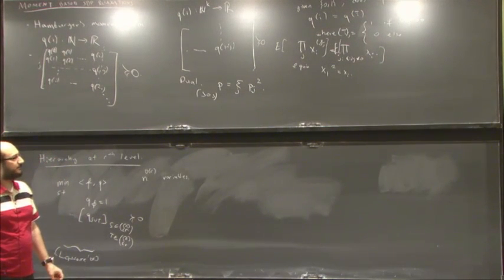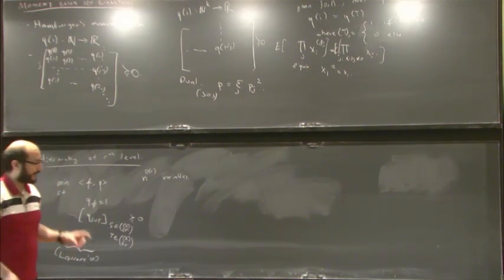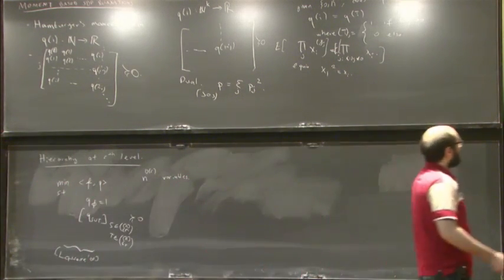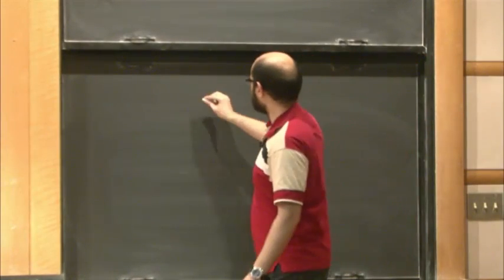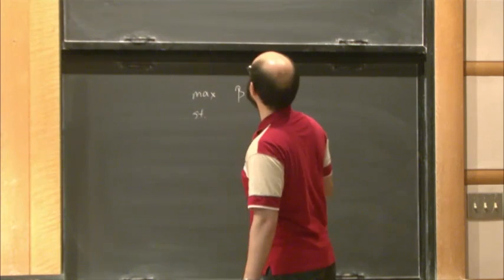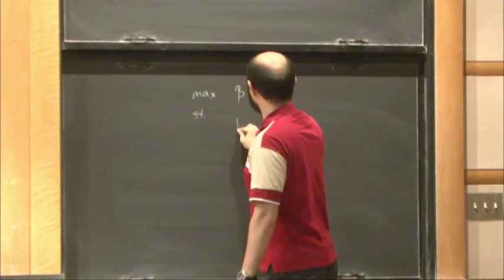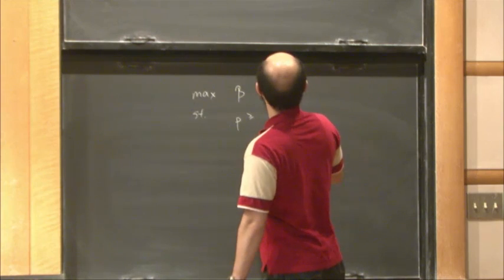And using the duality relation, we can ask this problem in the form of its dual, which involves now maximizing some beta such that P is at least something.